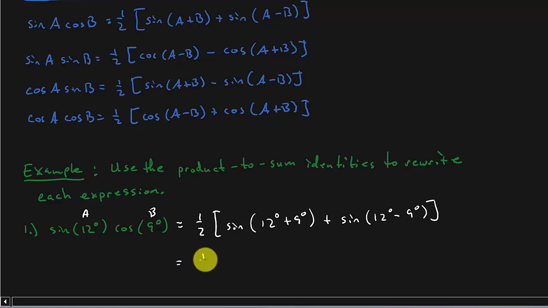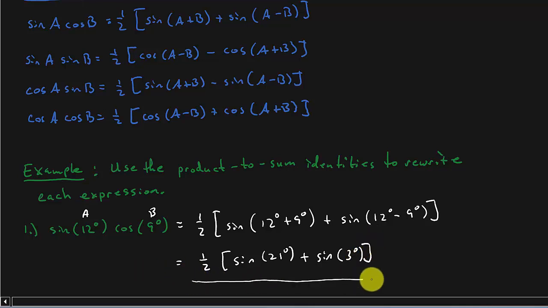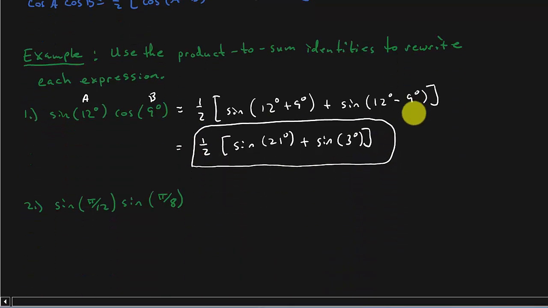And so this is going to give us 1/2, and that's going to be sine 21 degrees plus sine of 3 degrees. And that's all they're wanting us to do. Okay. All right, let's look at the next one.